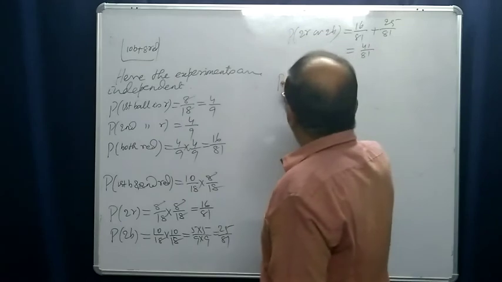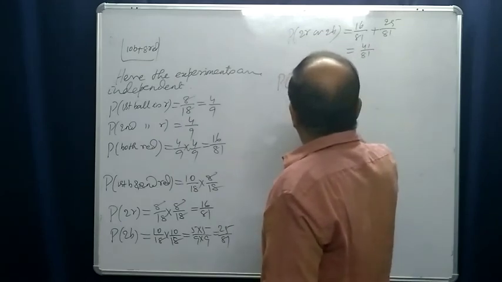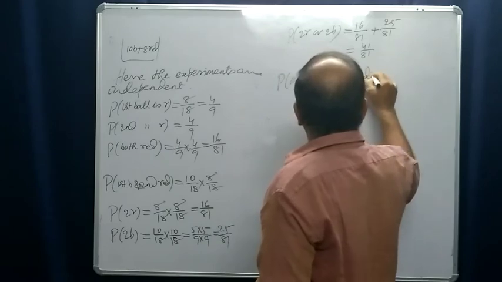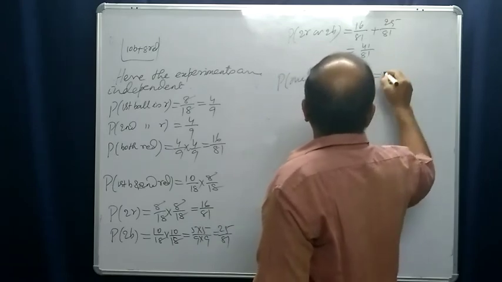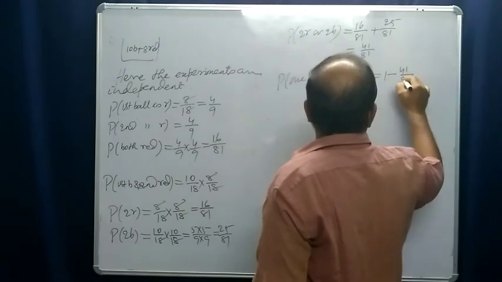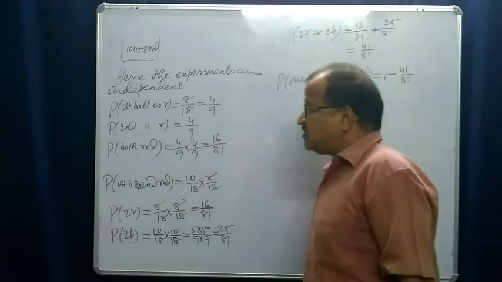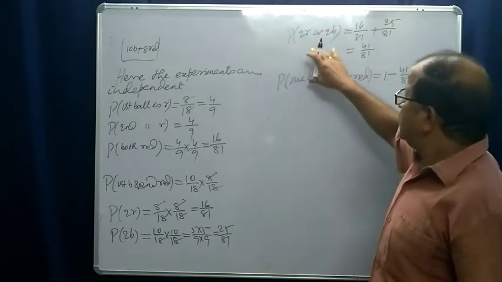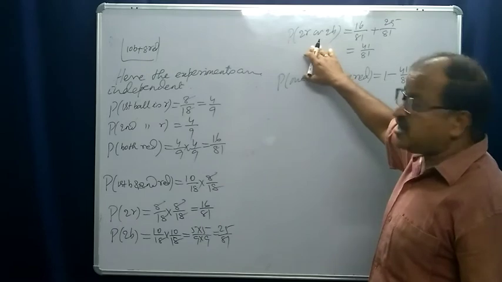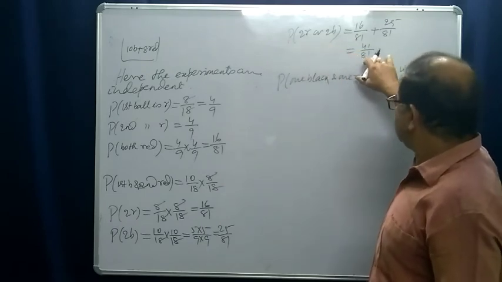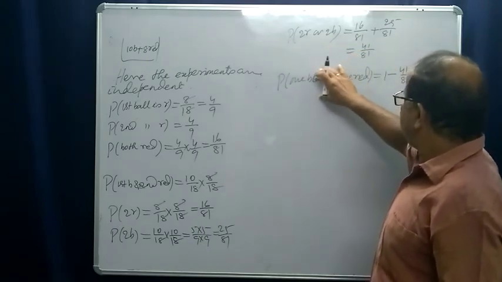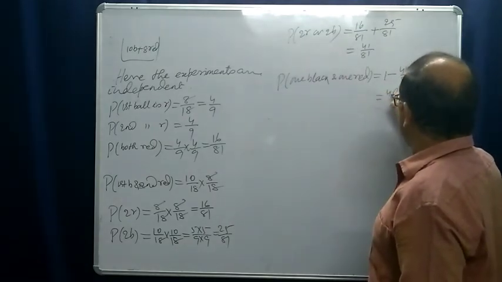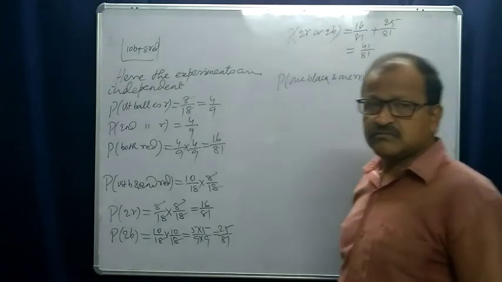So the probability of one black and one red will be 1 minus 41 by 81. Yes, total probability is 1. Probability of both black or both red is this, so one black and one red is 1 minus this, that is 40 by 81, right?